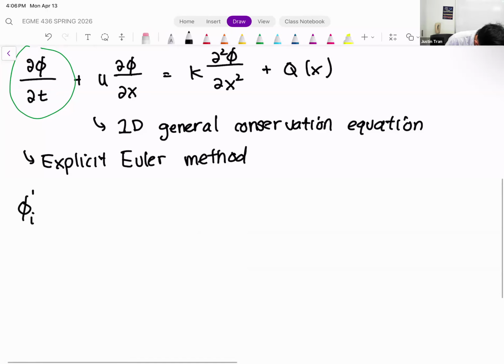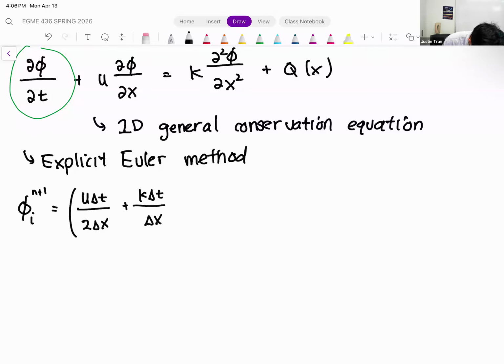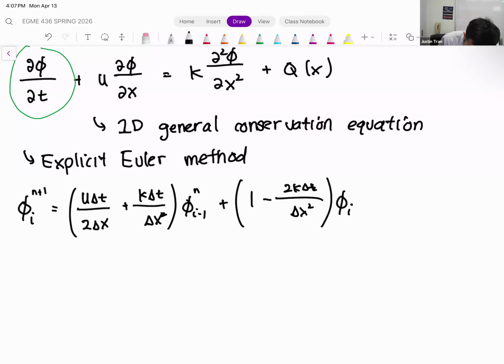So you have B_i^{n+1} equal to, U delta t divided by 2 delta x plus k delta t divided by delta x squared, times B_{i-1}^{n+1}, minus 2k delta t divided by delta x squared, times B_i^n, plus minus U delta t over 2 delta x plus k delta t over delta x squared, times B_{i+1}^n.